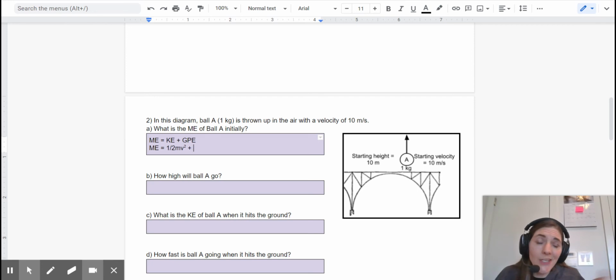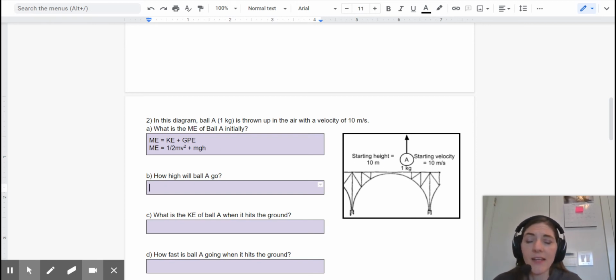Plus, I can also figure out GPE because I have mgh. I have a mass. I know g is 10 meters per second squared because I'm going to round it up from 9.8. And I know the height, which is 10 meters. So you should be able to find the mechanical energy that way.